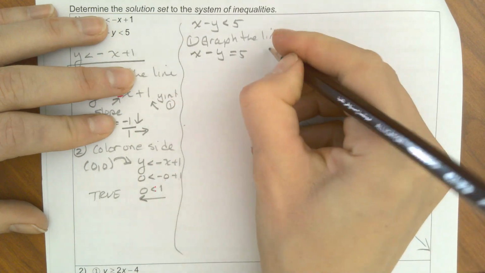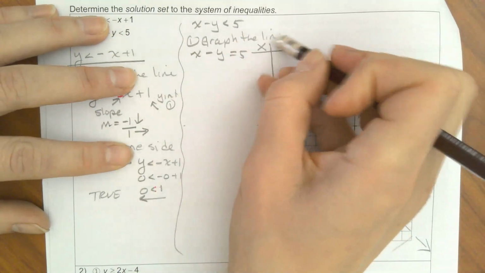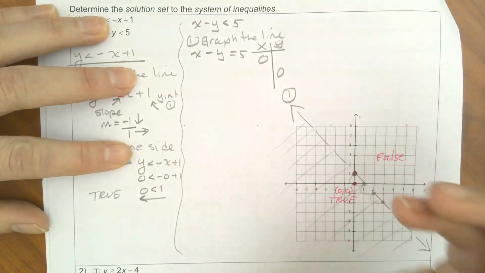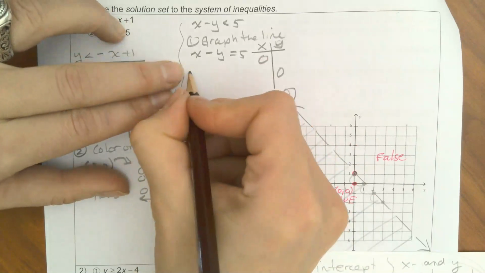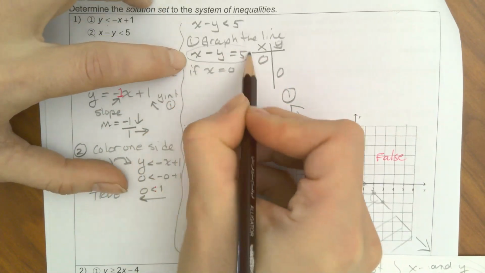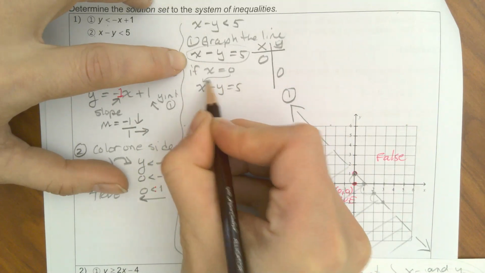And I'm going to make a little table of values. If x equals 0, let's put this equation here: x minus y equals 5. We're going to substitute the 0 in for x.